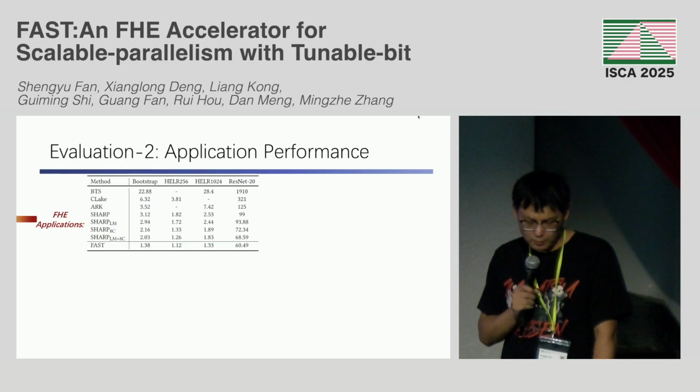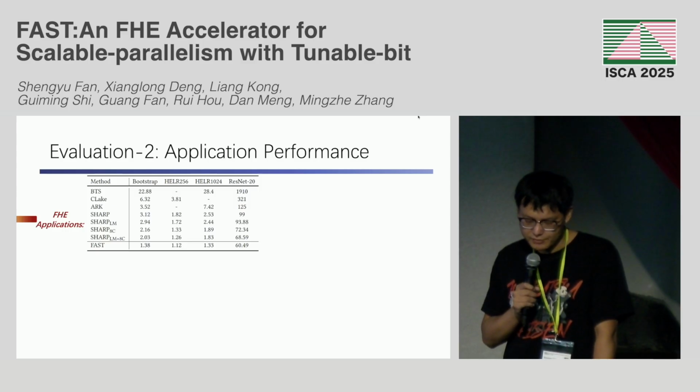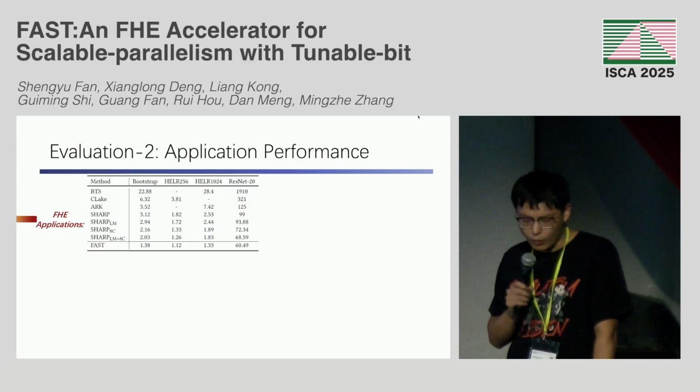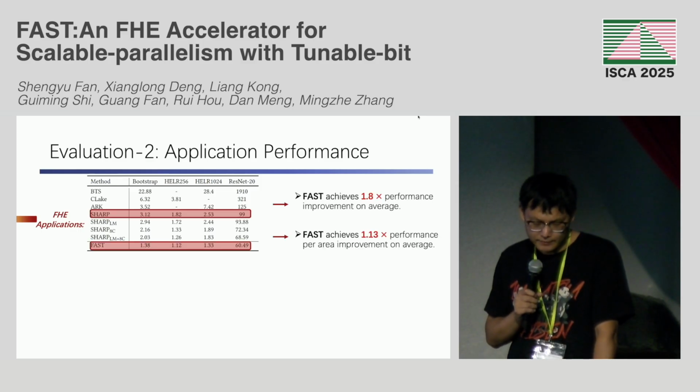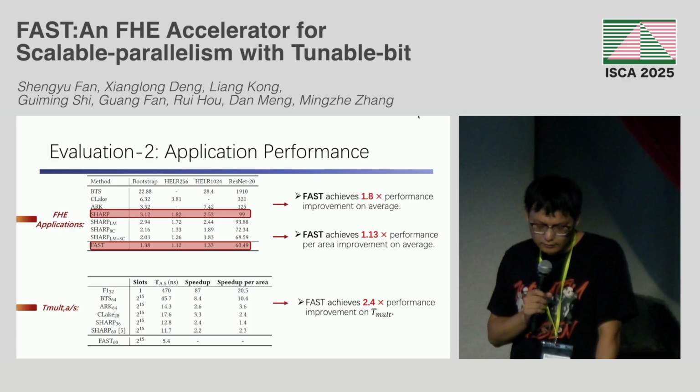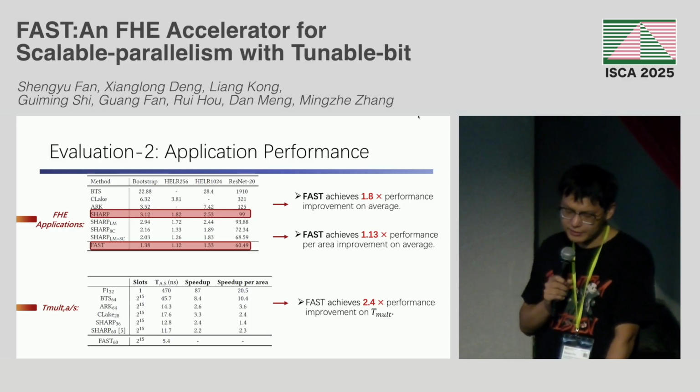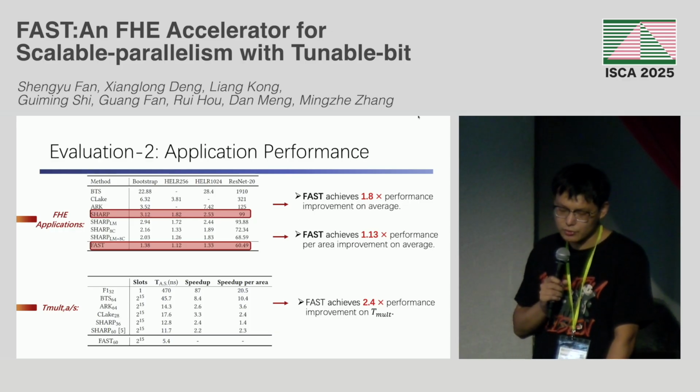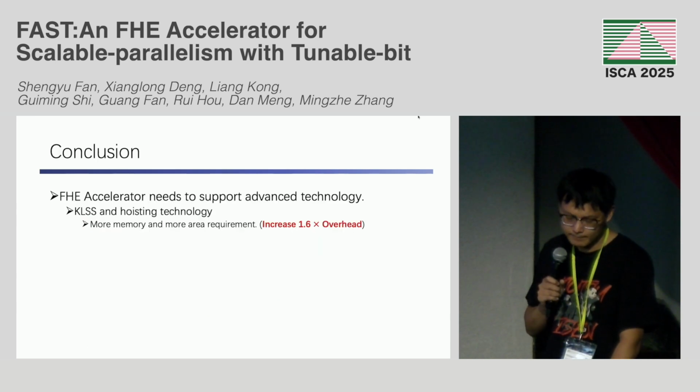In terms of performance, the FAST accelerator achieves an average speedup of 1.8 times across multiple applications. And looking at the individual operators, the T-Mult operation achieves a 2.4 times speedup.